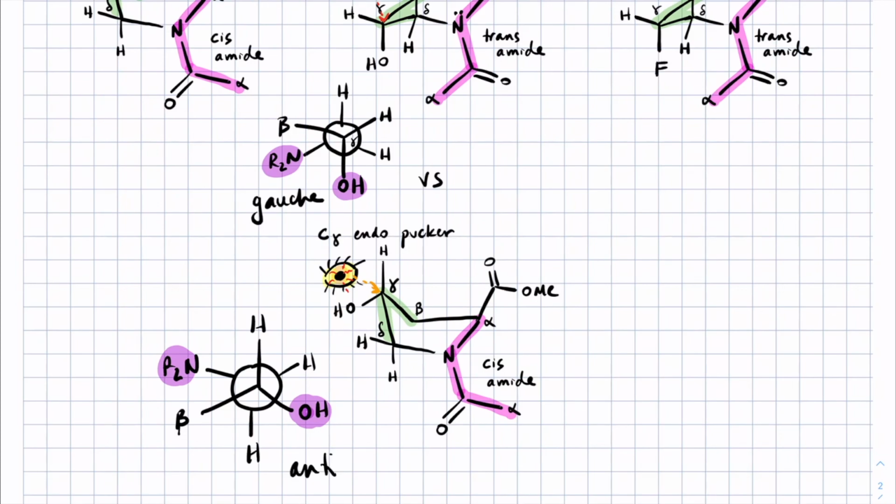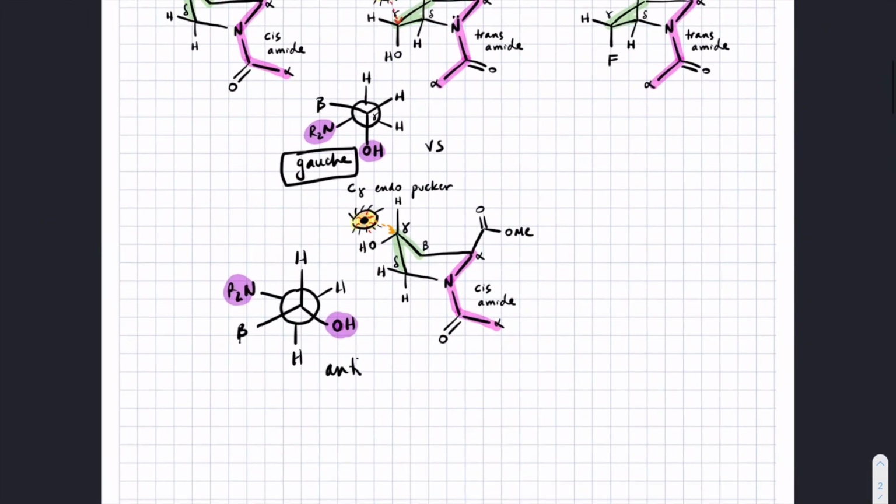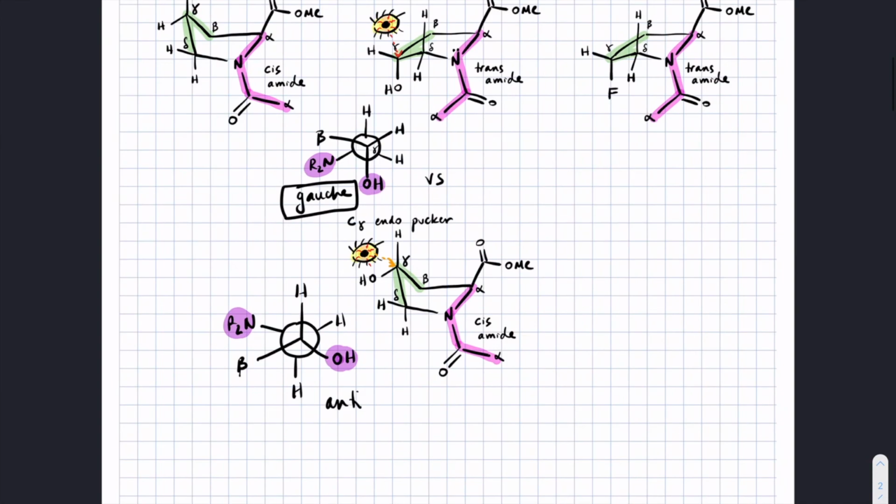In any case, the gauche one is actually preferred, but that preference goes away when you get rid of the OH group. So it's not hydrogen bonding. What the heck is it? Well, let's simplify the situation a little bit, and we could do the same for the fluoroproline derivative. But let's just do 1,2-difluoroethane. Okay?